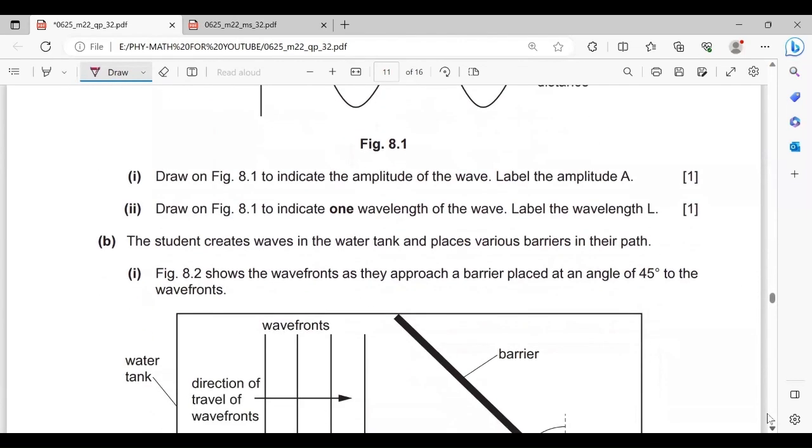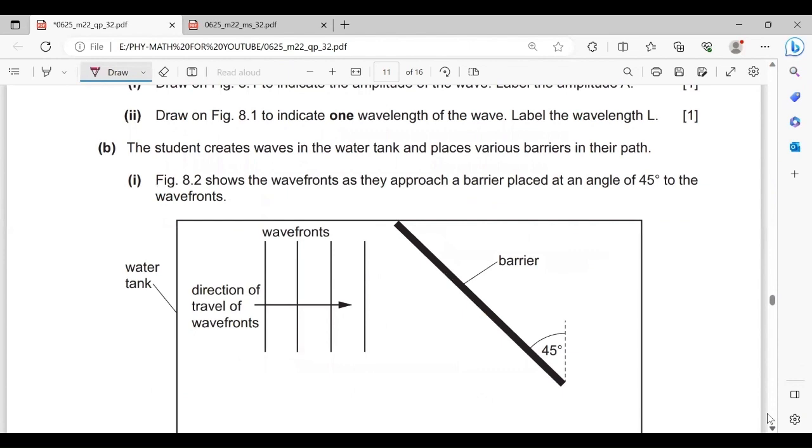Next, the student creates waves in the water tank, and places various barriers in their path. Figure 8.2 shows the wavefronts as they approach a barrier placed at an angle of 45 degrees to the wavefronts.